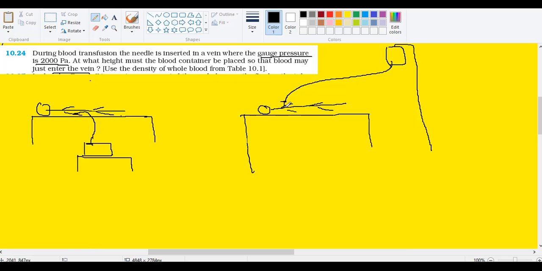So since they are given that the pressure at the vein is 2000 Pascal, right? That's your gauge pressure.